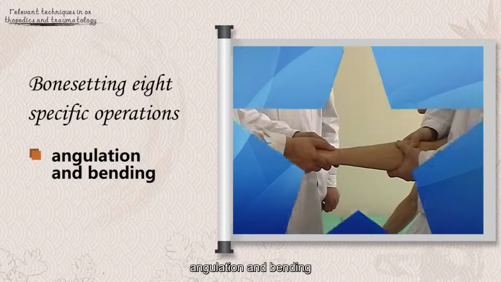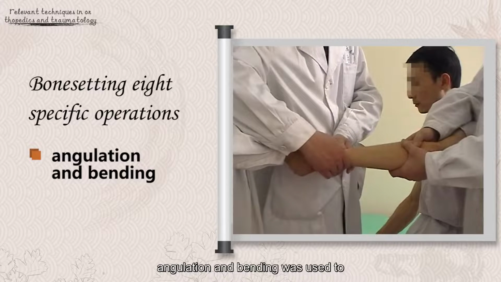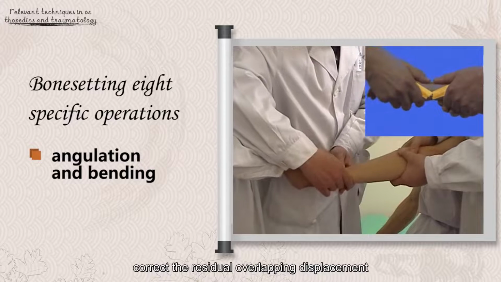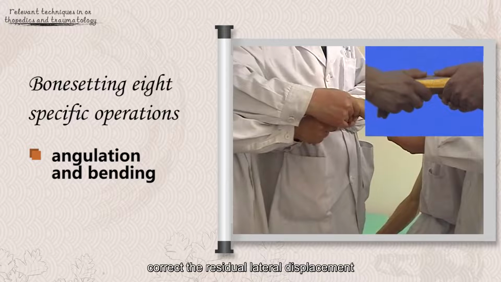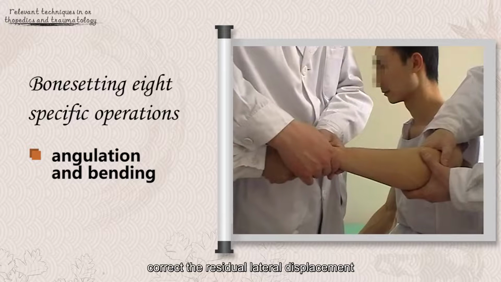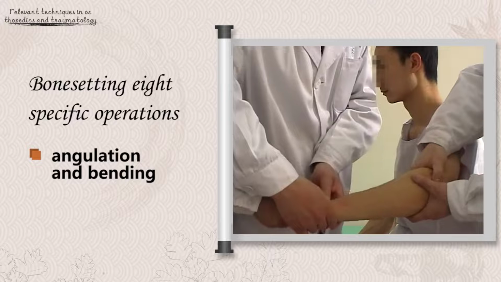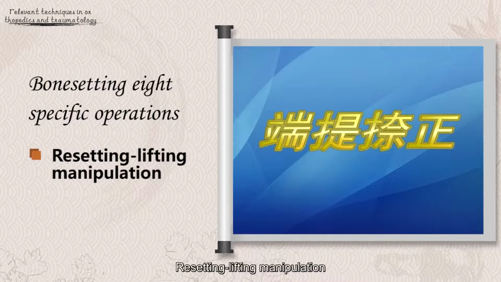Angulation and bending manipulation. The angulation and bending manipulation was used to correct the residual overlapping displacement, and the squeezing manipulation was used to correct residual lateral displacement. Resetting lifting manipulation.